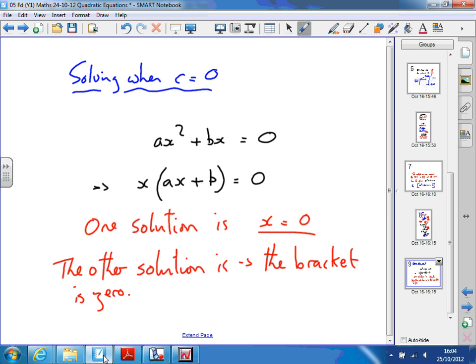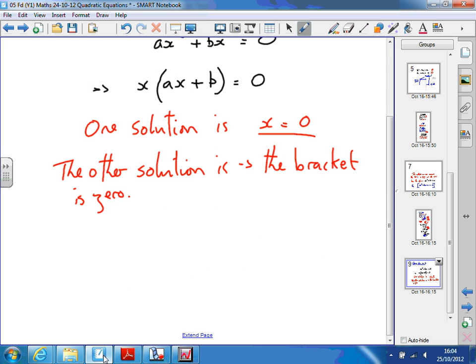In other words, ax plus b equals 0. So then I can solve that equation. To get x on its own, subtract b from both sides. So x equals minus b over a. So whatever a and b are, I could work out what x is.